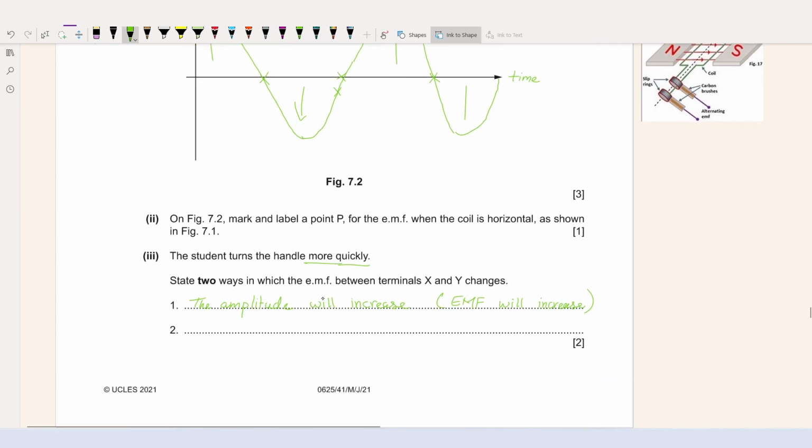And as we know, when the time decreases, the frequency increases. What is the frequency formula? 1 by T. As the time period for one wave decreases, the frequency will automatically increase. So we can write frequency will increase.